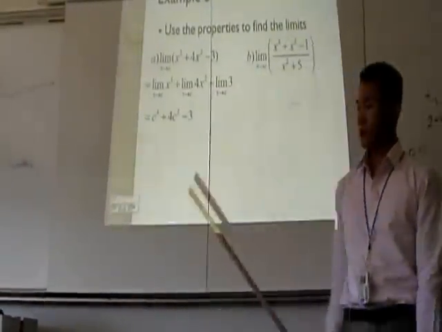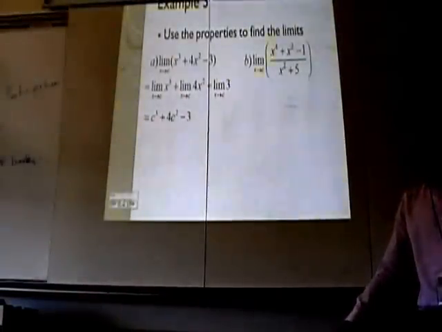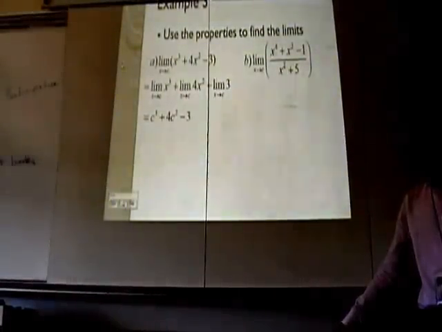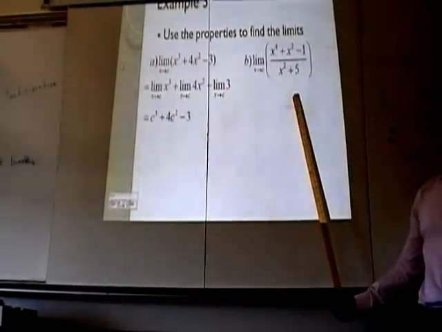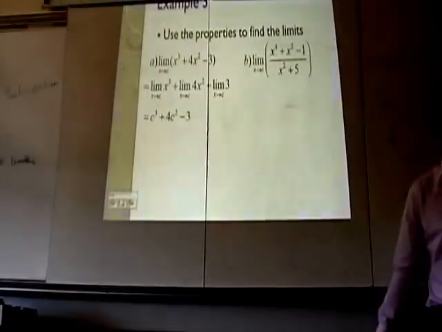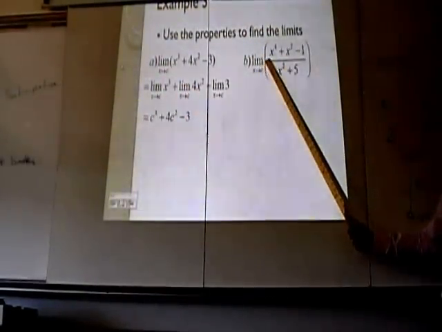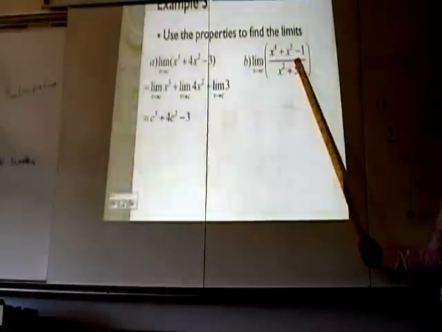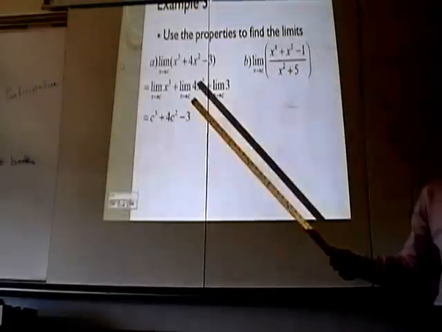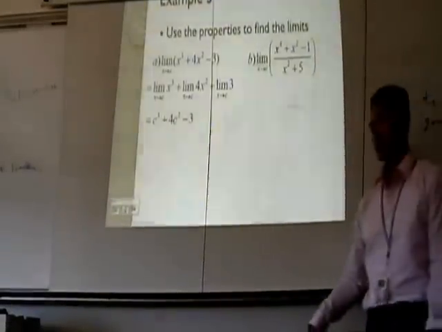Alright. With this one, if you don't want to, you don't need to write down the second step, because what I basically did was put limits in front of all of them. So it's the limit of x to the fourth plus the limit of x squared minus the limit of 1, divided by the limit of x squared plus the limit of 5.